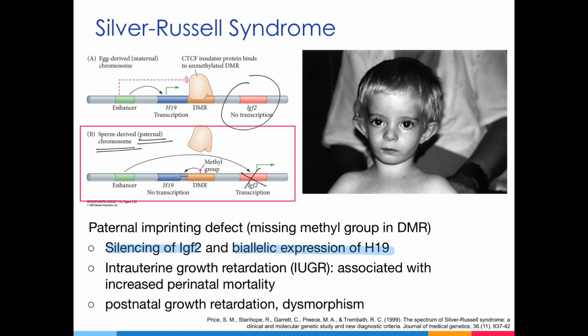But if the mutation in the gene was actually in the maternal copy rather than in the paternal copy, then a mutation in this maternal copy would have no effect because that gene is already off by default.